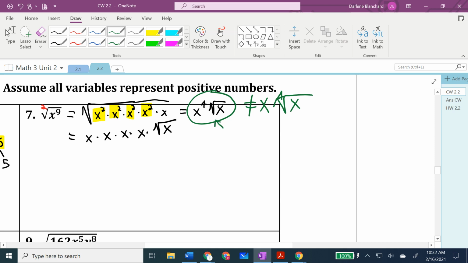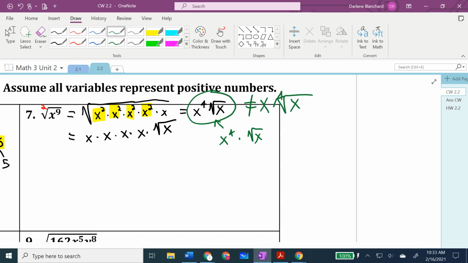And you may be better off if you write this as x to the 4th multiplication sign square root x. In fact, I'd recommend that you write your answers that way to not accidentally have notation mistakes.